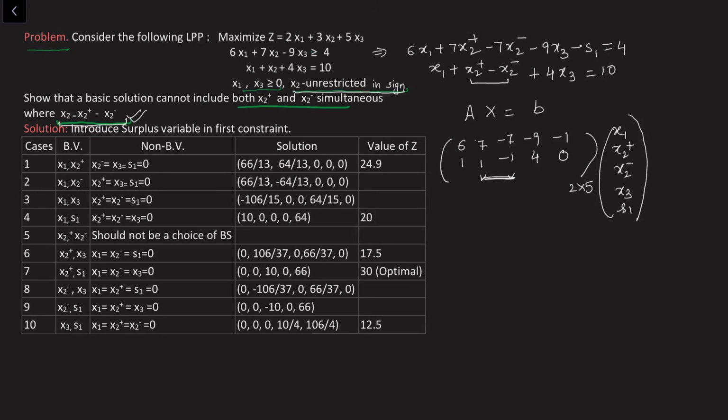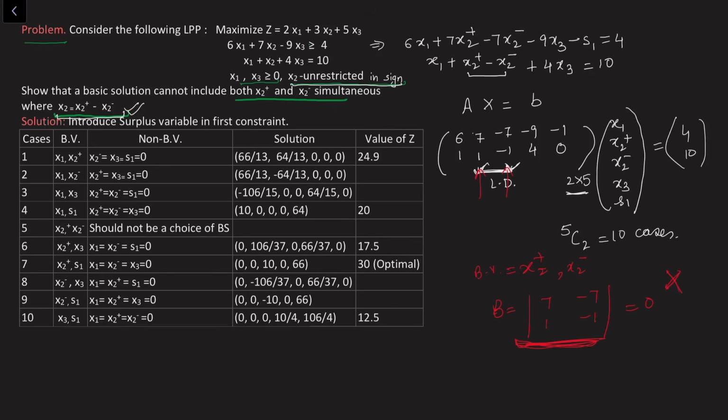They both are linearly dependent, as we can see that the first column is a multiple of the second column with a minus 1 sign. So a similar situation arises as it did in the previous case. We are supposed to make 5C2, that is 10 cases. But because of this, whenever the basic variables are x2 plus and x2 minus, this will correspond to the basis matrix 7, 1, minus 7, minus 1, and we can see the determinant is equal to 0.